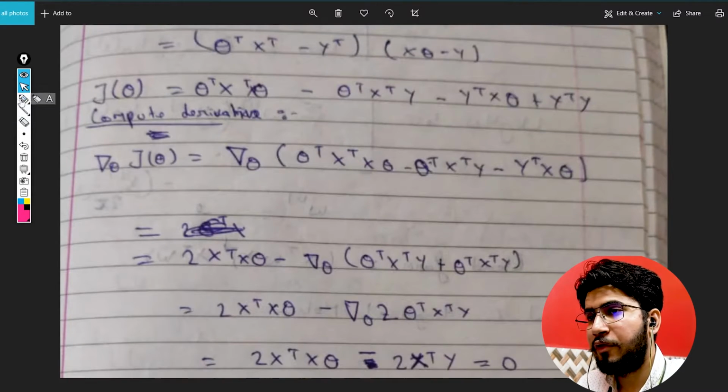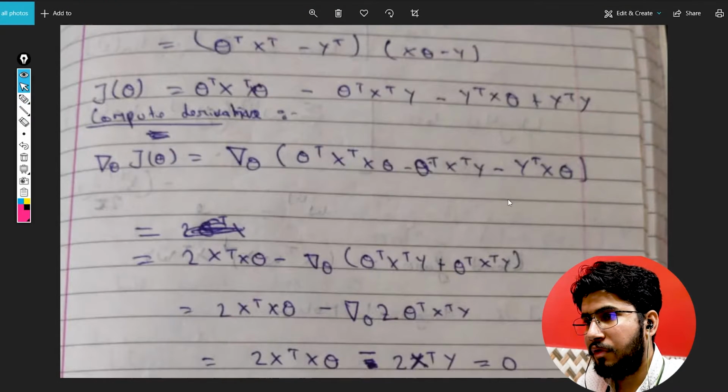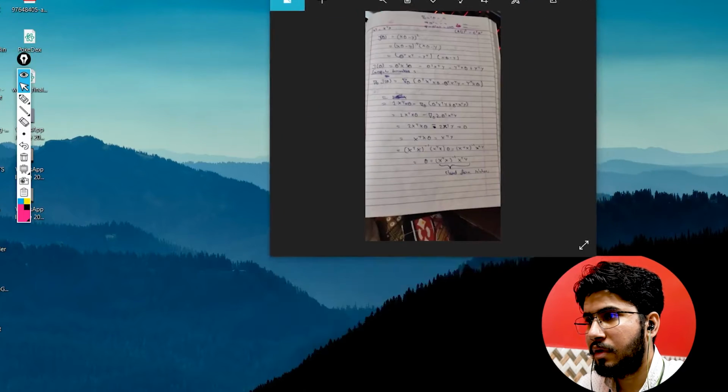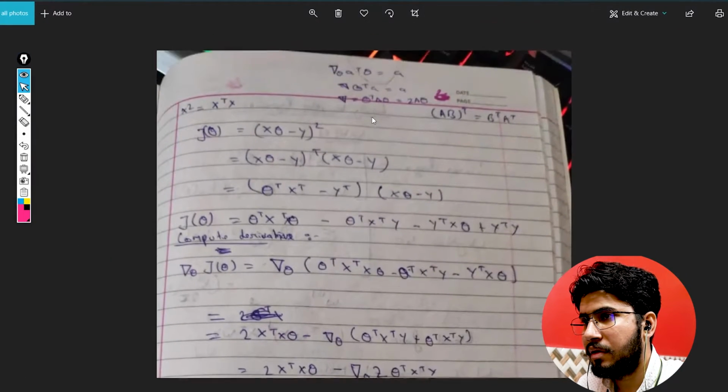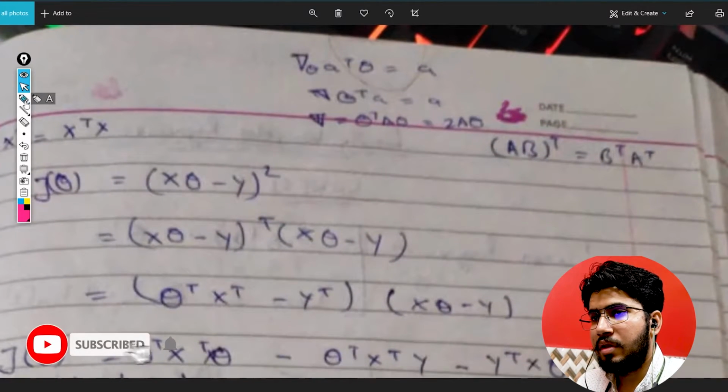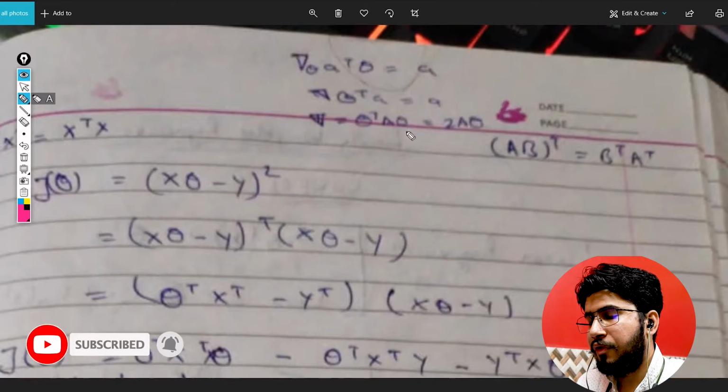Okay, now we have to find the derivative for this, and for that, let me see. So these are some formulas for the derivative of matrices.